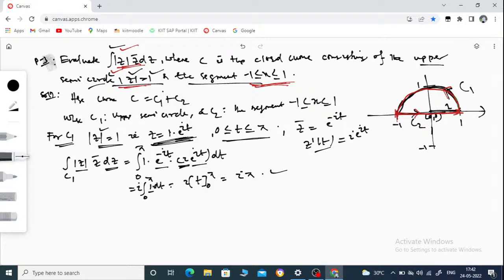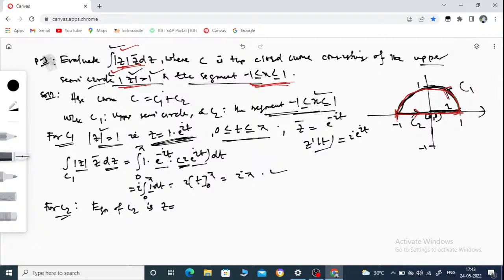Similarly, what is the integration over C2? C2 is the line segment which joins x from -1 to 1 only. So what is the equation of C2?